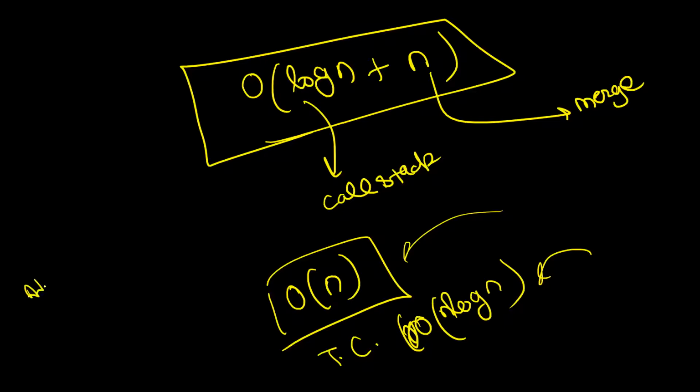Is merge sort adaptive? That is my first question. Do you think your work will be reduced if you have an already sorted array? The answer is no. Because let's say you take an already sorted array, 1, 2, 3. You will break it up.